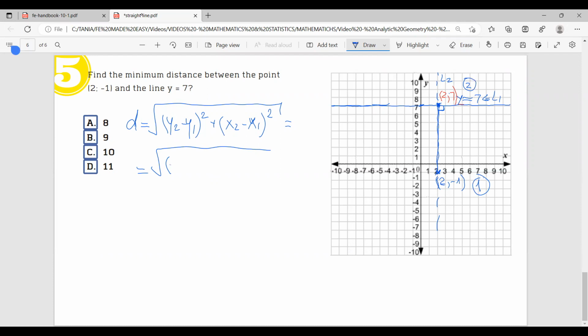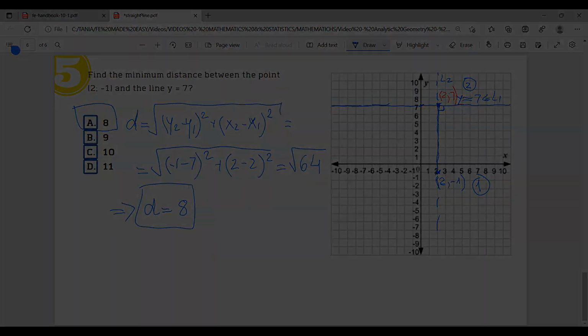So we have (-1 minus 7) squared plus, and our x's are the same, (2 minus 2) squared. And we have here -1 minus 7 is -8, squared is 64. So the distance between the 2 points is 8. And the correct answer is 8.